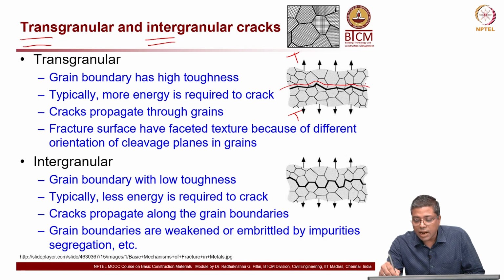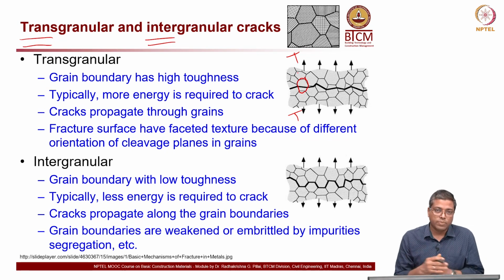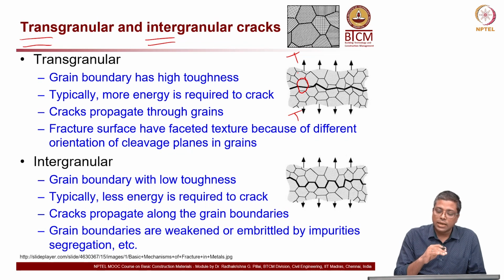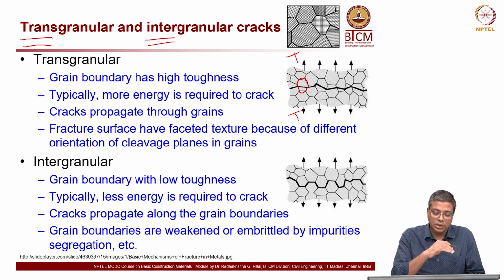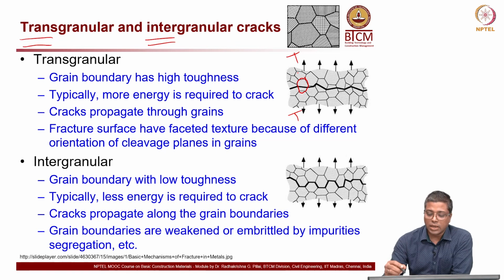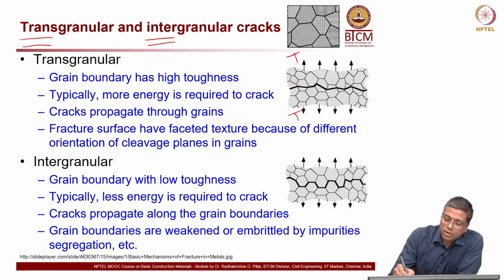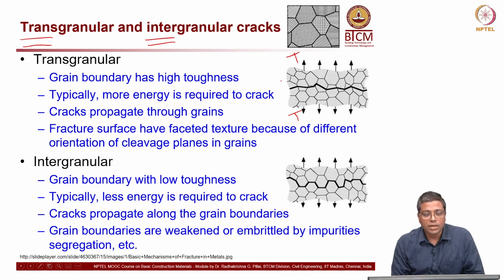Now that crack is going through the grains. You can see, for example, this particular grain is actually broken. Here also you can see it is going through the grains. So when the crack is going through the grain, we call it a transgranular crack.